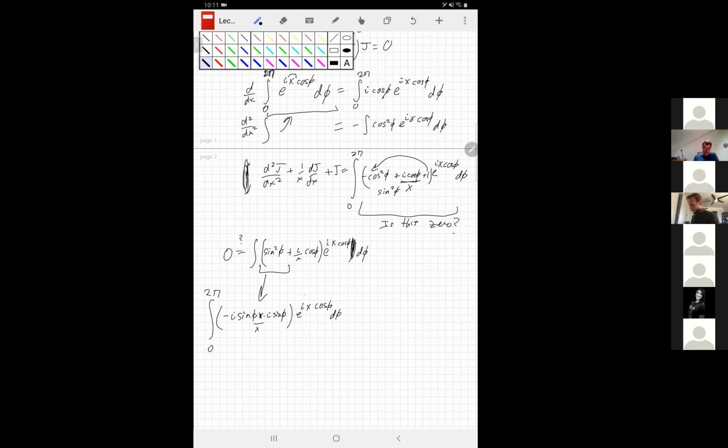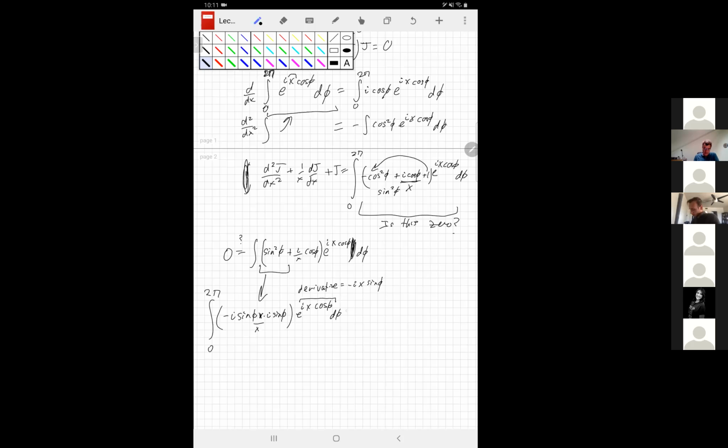The reason I'm doing that is because the derivative of this thing up here is minus I x sine phi. It's the derivative with respect to phi.